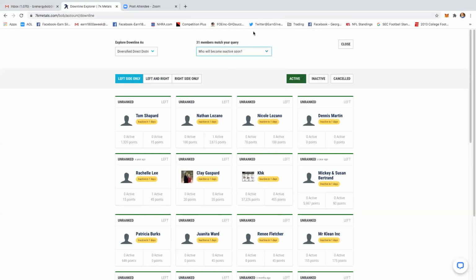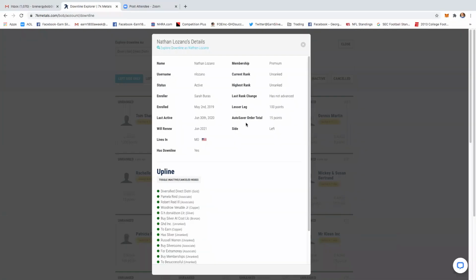Now these are actives, and I only want to look at actives. I don't want to have this check because I want to look at people who may become inactive. Now, just because they have inactive in one day doesn't mean they're going to be inactive, because you have to click on it like this and you'll see he has an autosaver. And so he was last active on June 30th.